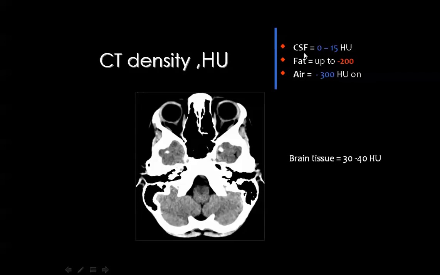The CSF measures in attenuation from 0 to 15 Hounsfield units. Fat usually measures from minus 100 to minus 200. Air is more hypodense than fat and measures more minus readings, starting from minus 300 and above.